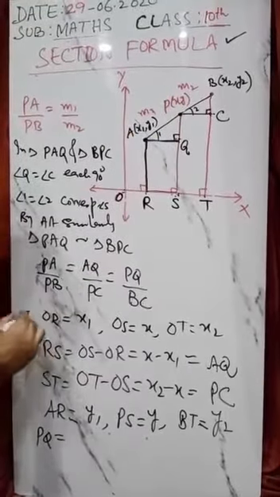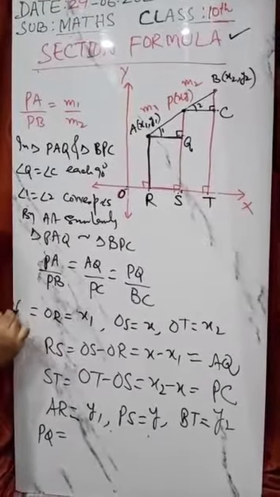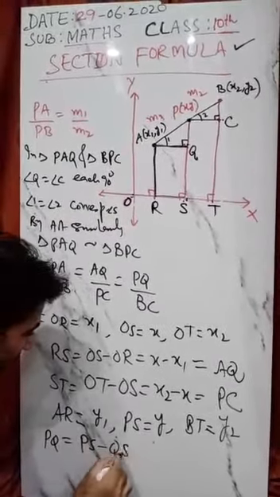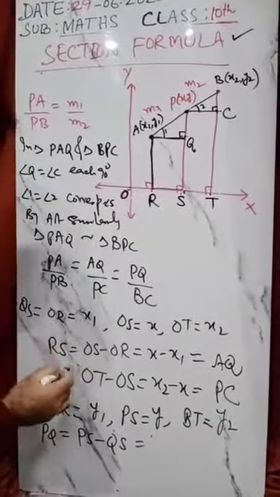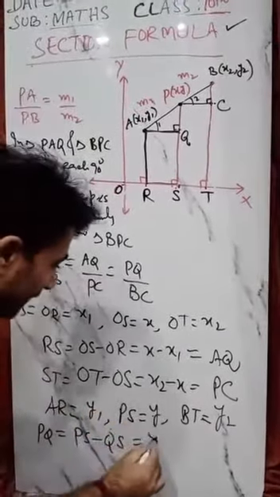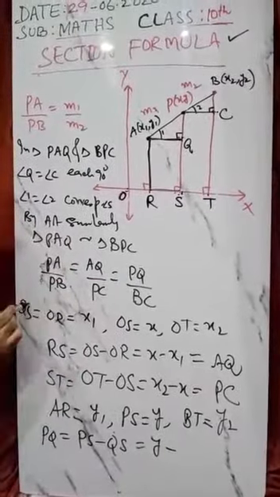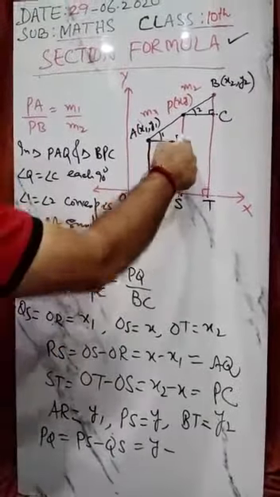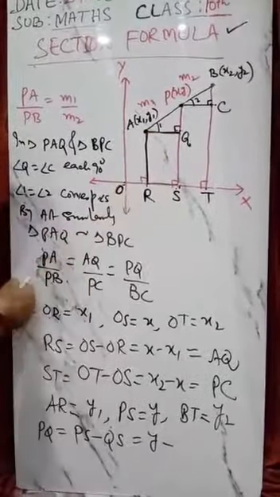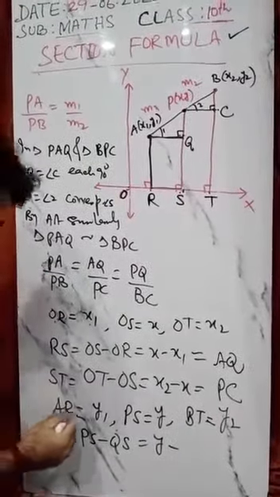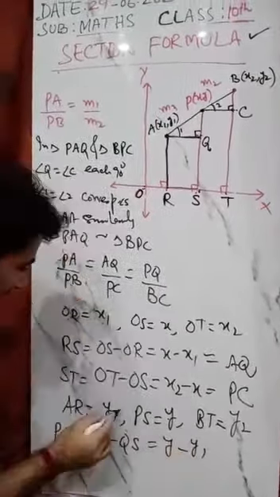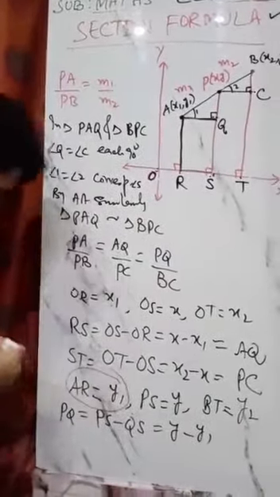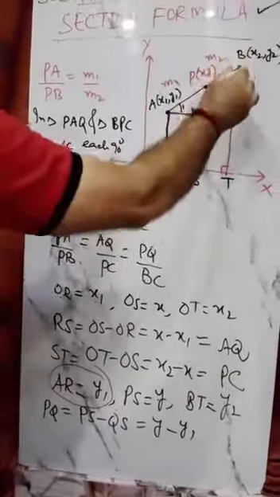PS is y, and QS is AR, which is y1. So PQ is y minus y1. Now the last, that is BC.